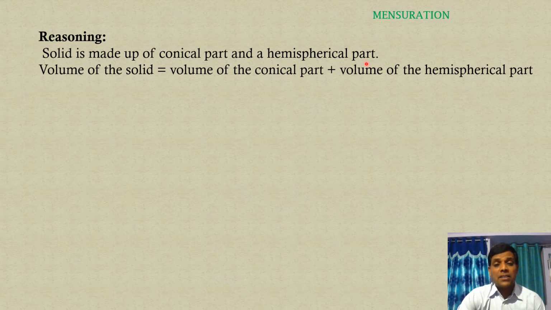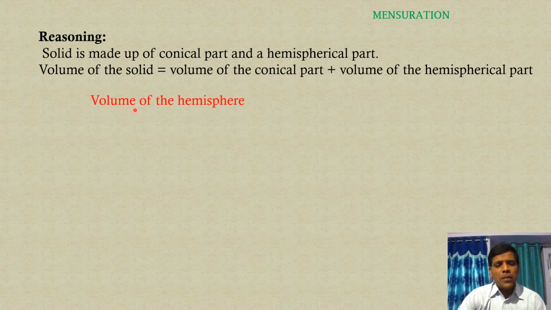So the given combination is a combination of cone and hemisphere. Volume of the solid equals volume of the conical part plus volume of the hemispherical part.